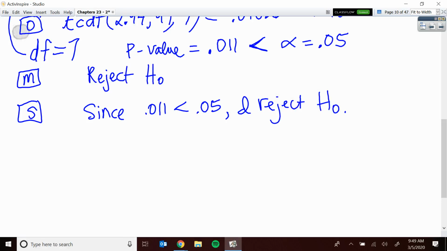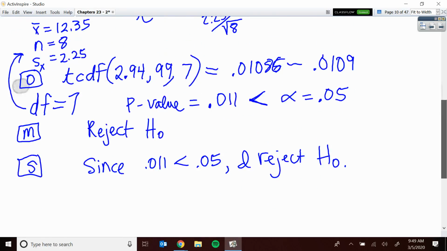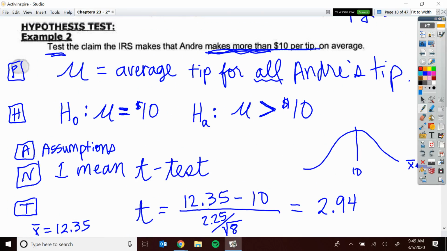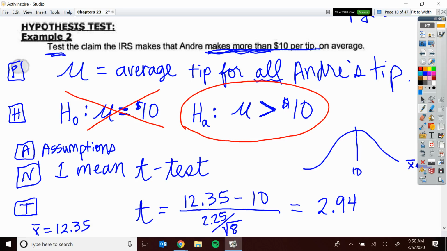Okay, and now I'm going to stop for a minute and let you get caught up. So the evidence is telling me to reject H0. Therefore, what am I saying about HA? I have evidence that the average of all of Andre's tips is greater than $10.